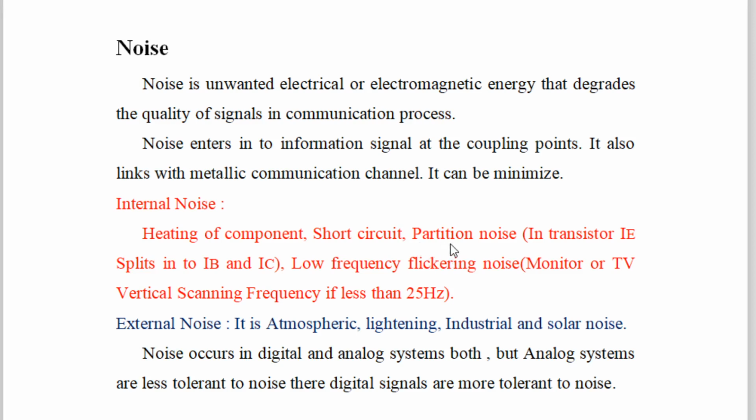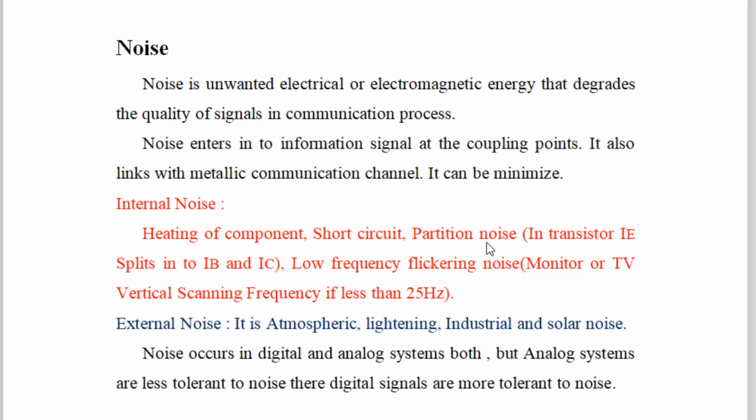Partition noise normally takes place in semiconductor components. You know very well that in FY you studied the NPN transistor and the PNP transistor. In NPN and PNP transistors, we always say that the addition of base current and collector current is equal to the emitter current, meaning IE is equal to IC plus IB.